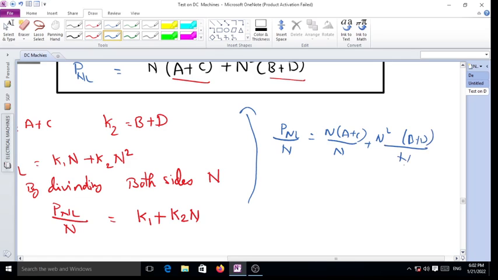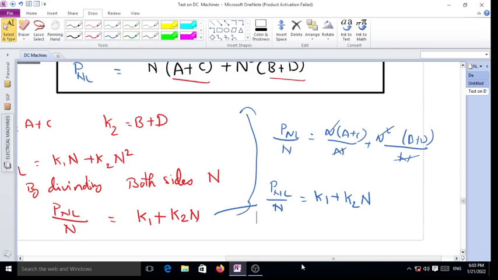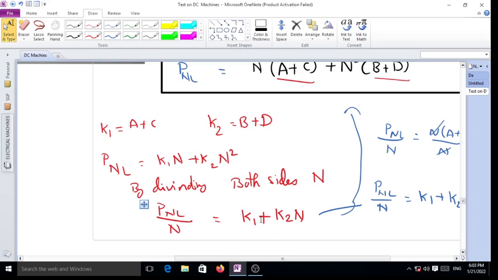The n cancels and n squared by n gives n. So from that, no load power loss by n is K1 plus K2 n, where A plus C is K1 and B plus D is K2. That is about K1 and K2.